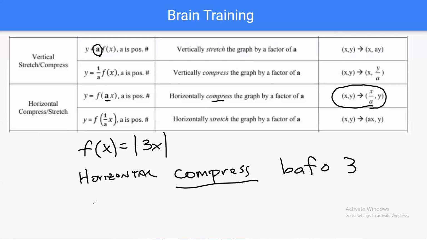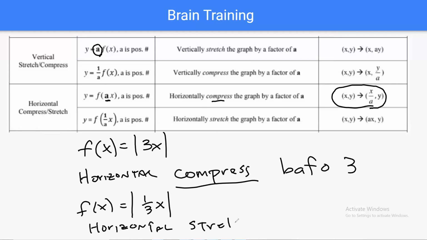Okay, and vice versa. If it's absolute value of 1/3 x, that's a horizontal stretch by a factor of 3.